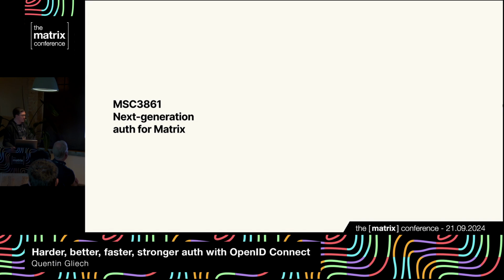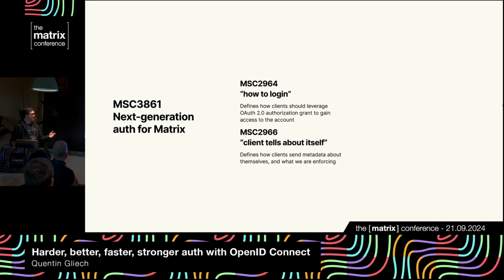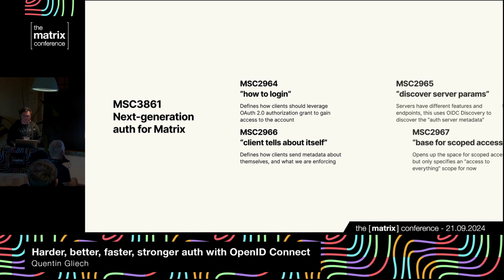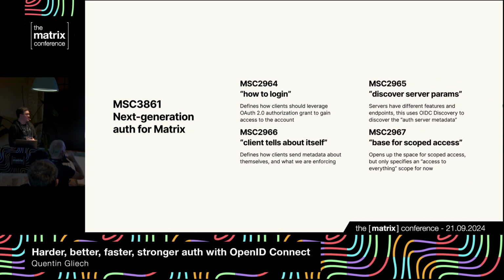Aside from this MSC, if you're a client developer and want to actually implement the thing, I suggest looking at those two MSCs. 2964 is the one that explains basically how to do the login, and 2966 is the part where your client tells the server about itself, sending its client metadata. There's also 2965, which is interesting to know about the server itself, and 2968, which is just setting the base for scoped access.